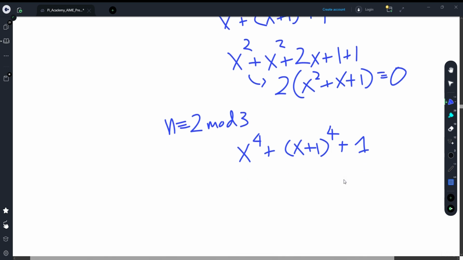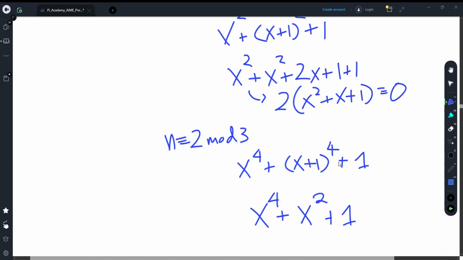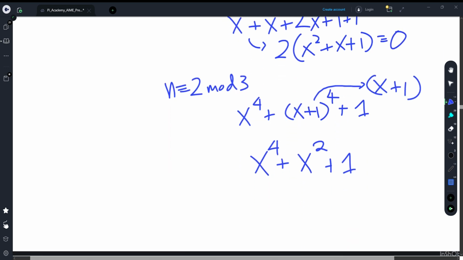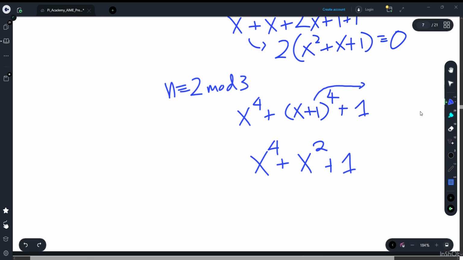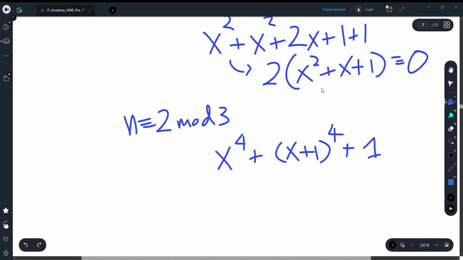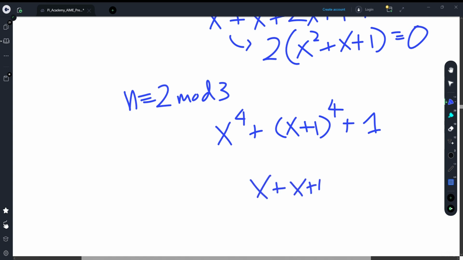And since a number cubed is just 1, this can be simplified.